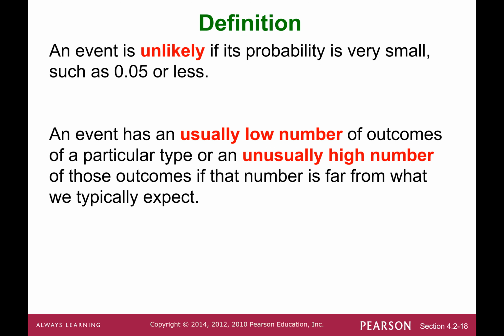Okay. An event is unlikely if its probability is very small, such as 0.05 and less. So if the probability of A is less than 0.05, then this is what we call an unlikely event.